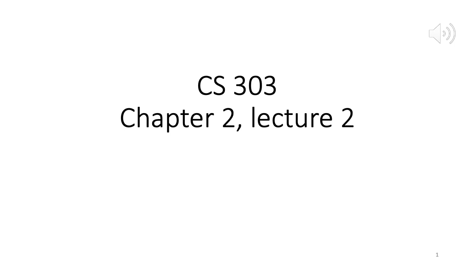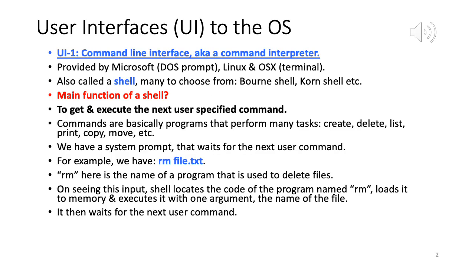Welcome to chapter 2, lecture 2. Now I am on slide number 2, which talks about UIs or user interfaces to the operating system. So definitely we know that we need the OS to do any kind of work on the computer.